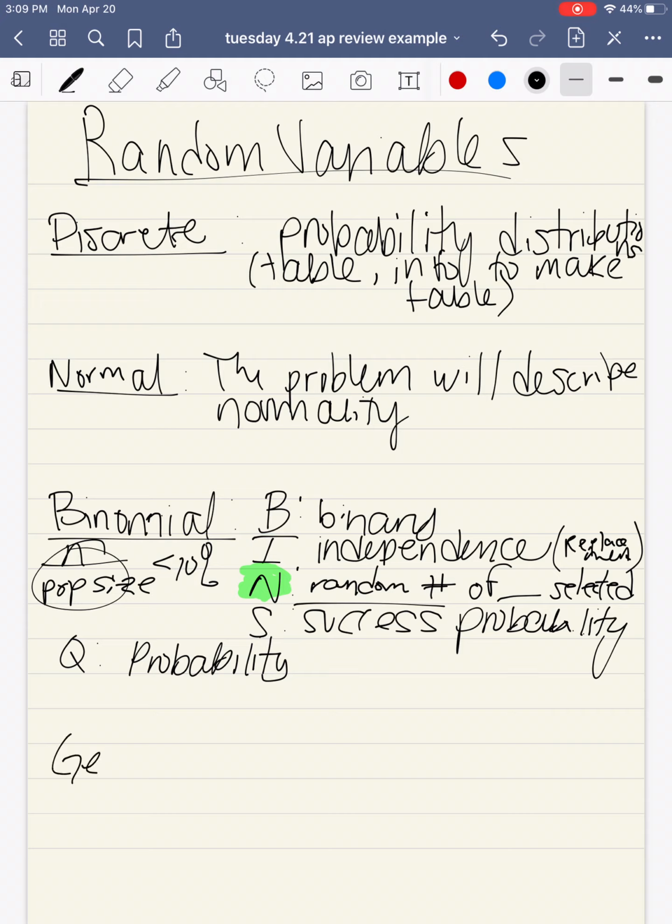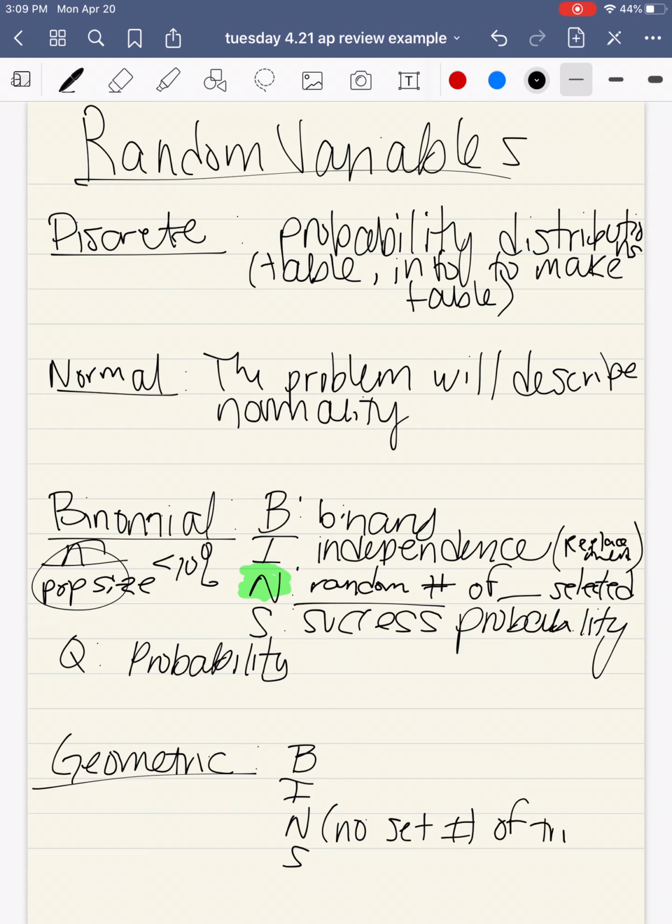Our last type is geometric. And for a geometric, it follows BINS similar to binomial. However, there is no set number of trials. So here, if they don't take a random selection, but it follows the rest of these, then we know that it's geometric.